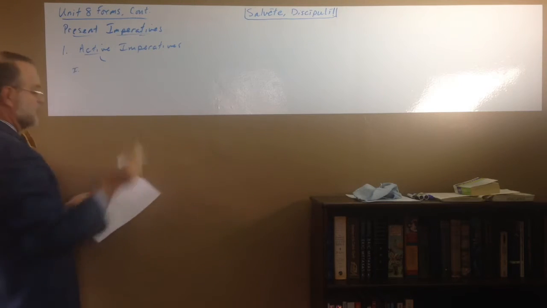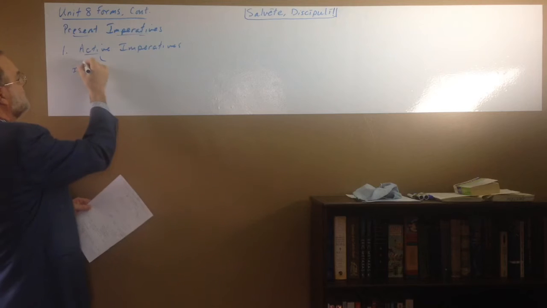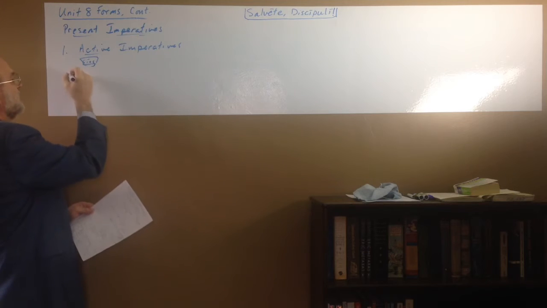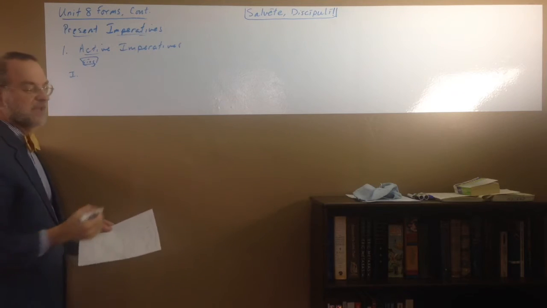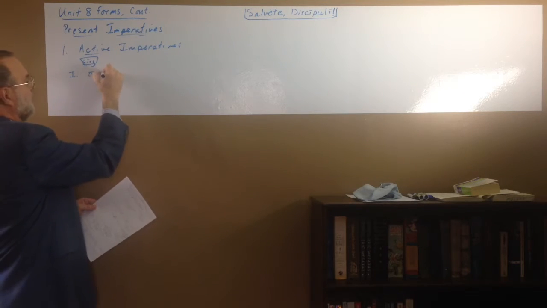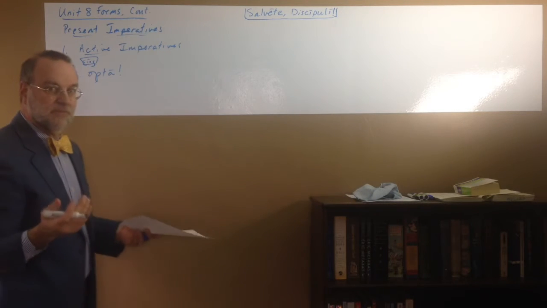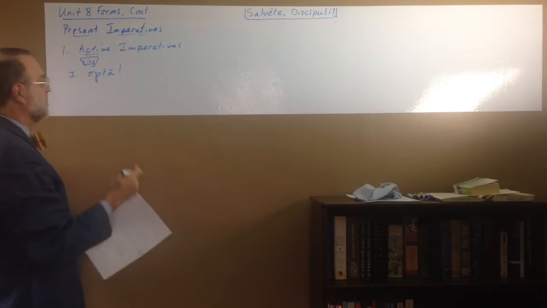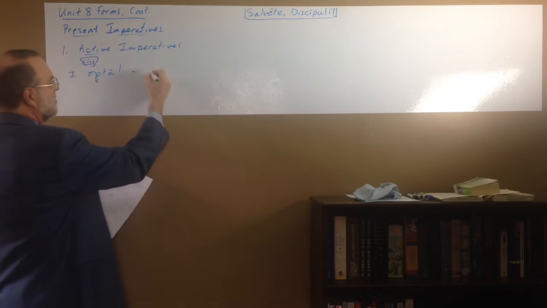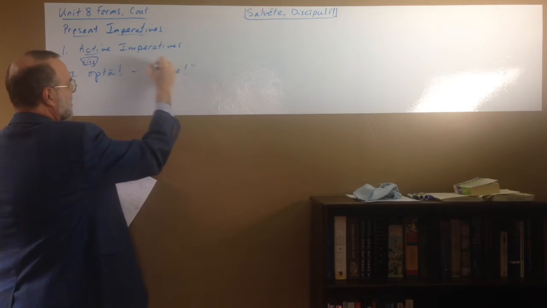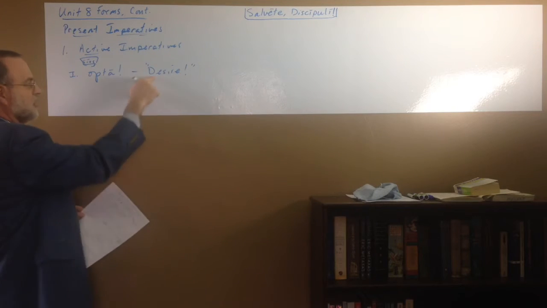So in first conjugation, the singular imperatives are simply going to look identical to the present stem. And if there's a macron, include the macron. So apta just simply means you singular desire.